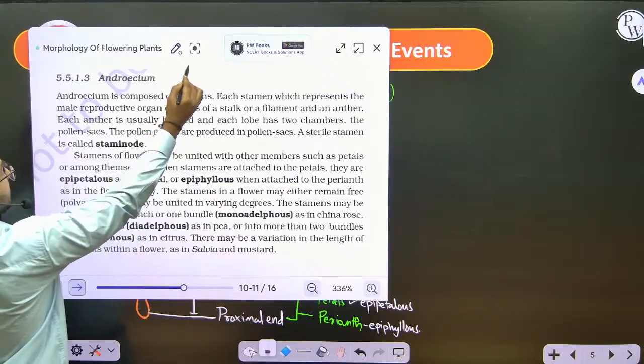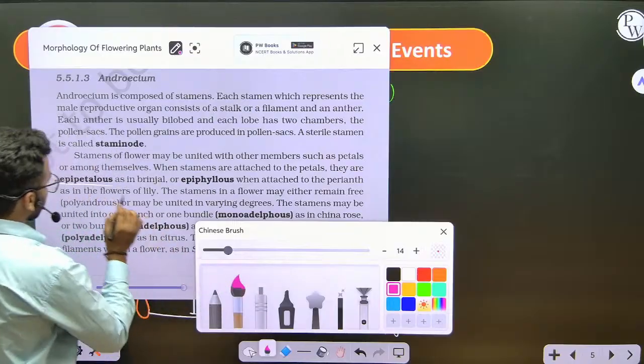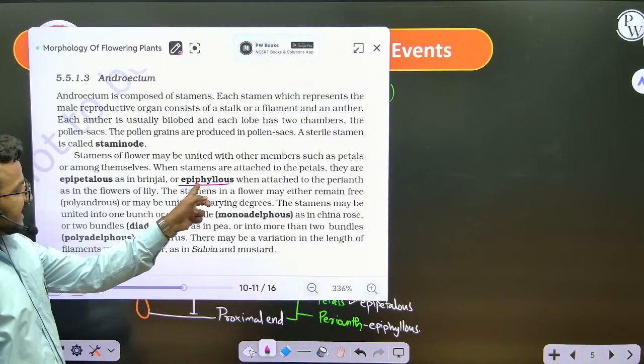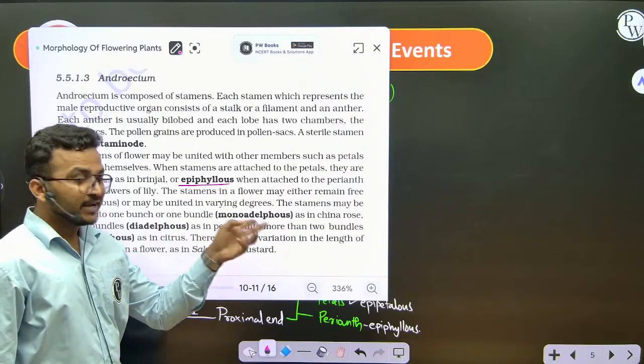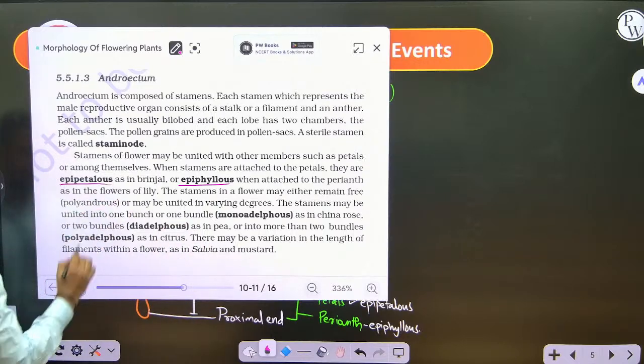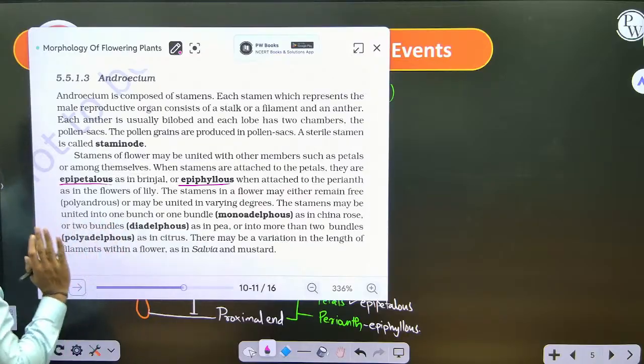So here it is epipetalous, and here it is epipetalous. And in the case of lily, it is attached to the perianth, so it is the epiphyllous condition. You need to remember all these things from the 11th chapter.